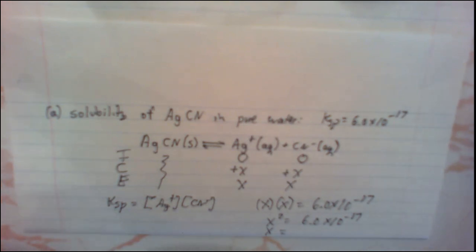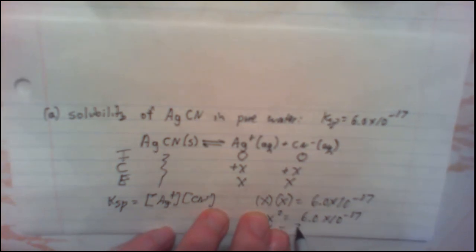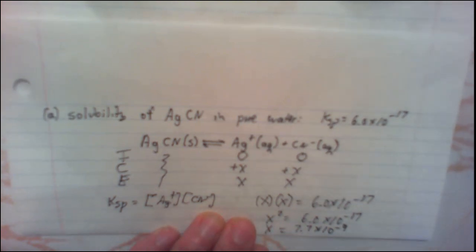So the square root of 6.0 times 10 to the minus 17 is 7.7 times 10 to the minus 9. So 7.7 times 10 to the minus 9 is both the concentration of silver ions and the concentration of cyanide ions in our saturated solution.